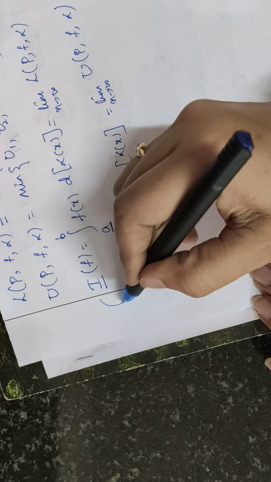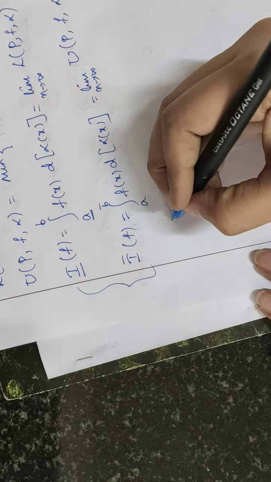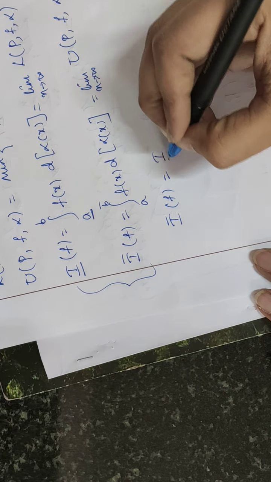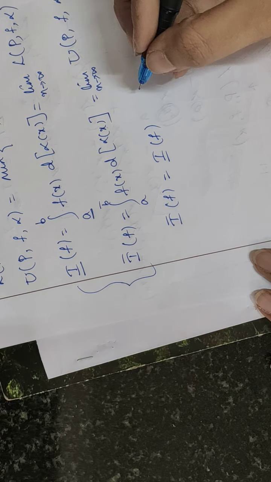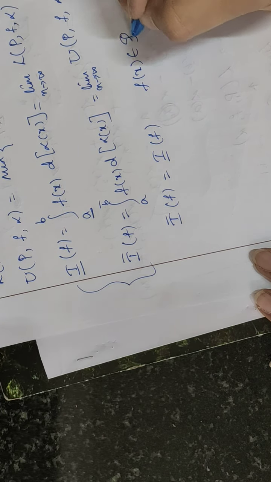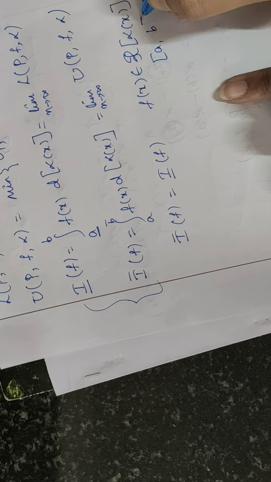So in the previous session, that is in Riemann integral, if the upper and lower Riemann sums are equal, then we said that the given function is Riemann integrable, right? Similarly, in this case also, if the upper Riemann-Stieltjes integral is equal to the lower Riemann-Stieltjes integral, then the function is Riemann-Stieltjes integrable, and you will represent that as R of alpha of x on the closed interval a, b.